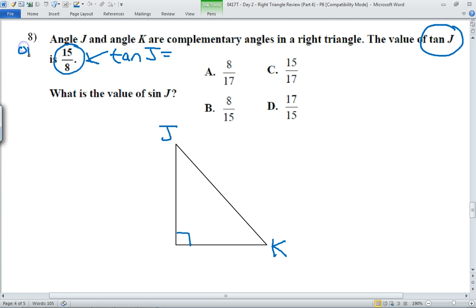Opposite over adjacent. That means 15 is opposite and 8 is adjacent. So looking at this picture, I'm talking about angle J. 15 would have to go here because it would have to be opposite, and the 8 would have to be adjacent. So the 8 would go here.